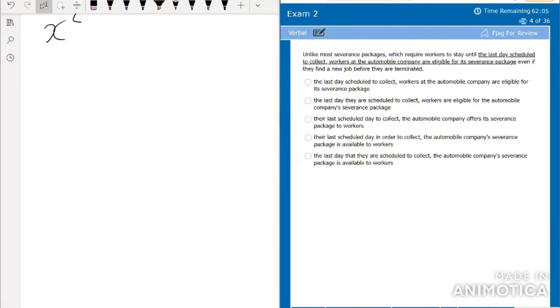Okay, unlike most severance packages, which require workers stay until the last day scheduled to collect, workers at the automobile company are eligible for a severance package even if they find a new job before they are terminated.